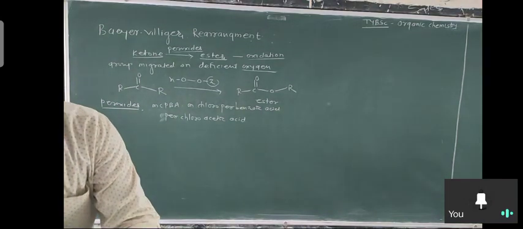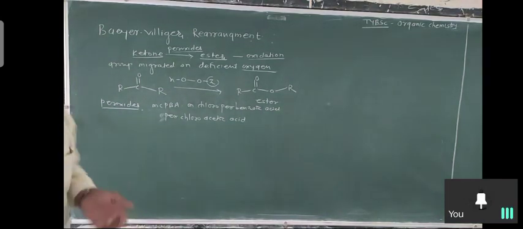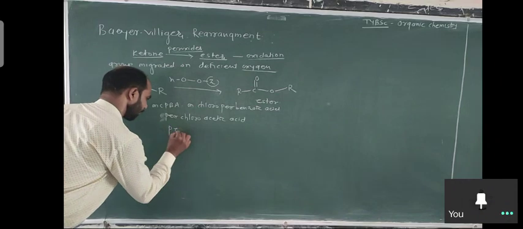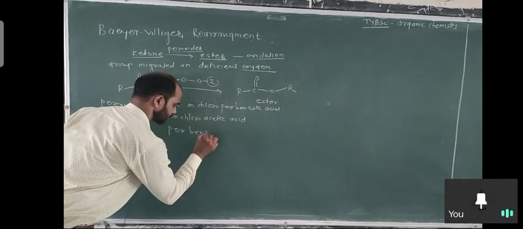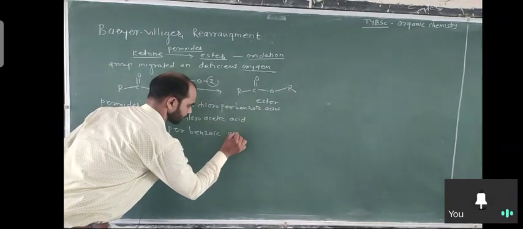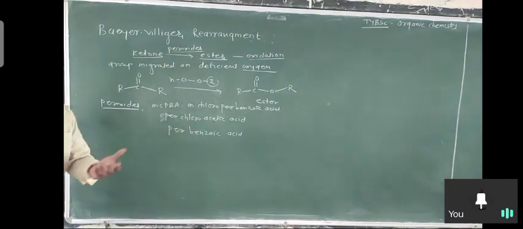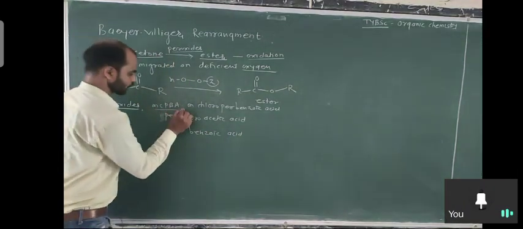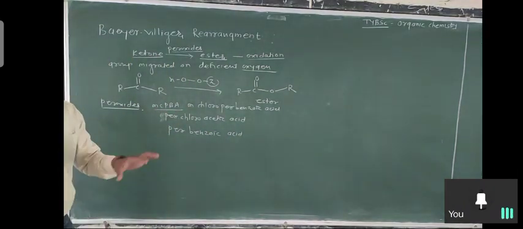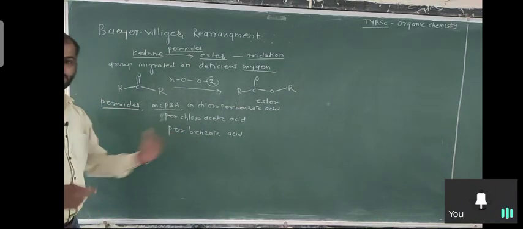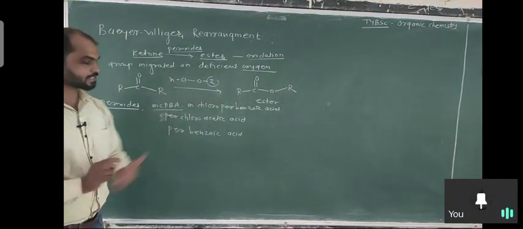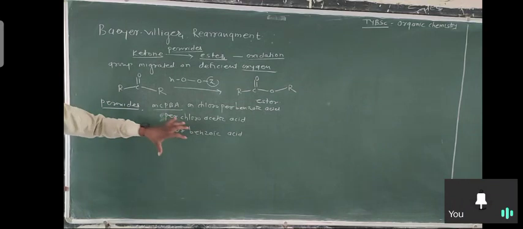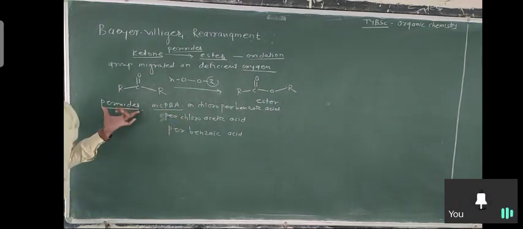Another is perbenzoic acid, and peracetic acid. So basically these reagents are used: MCPBA, metachloroperbenzoic acid, perbenzoic acid, perchloroacetic acid. These are the reagents used as a source of peroxide.